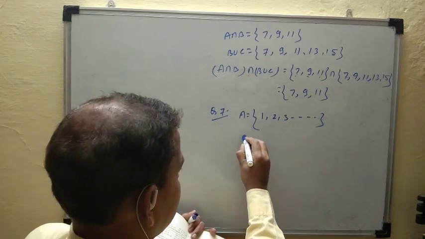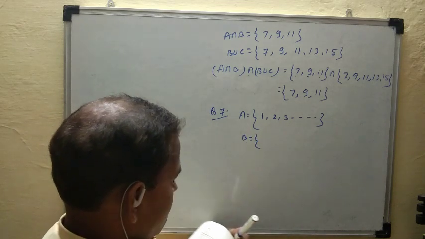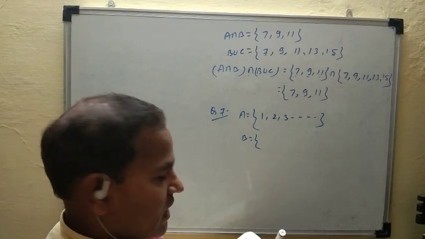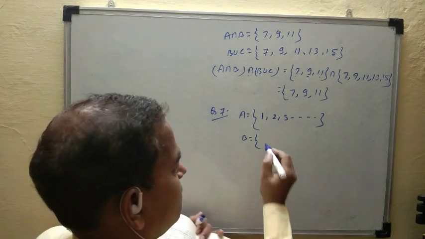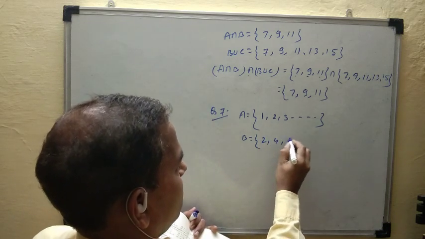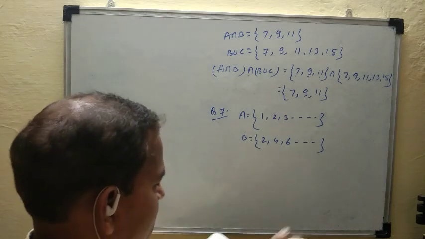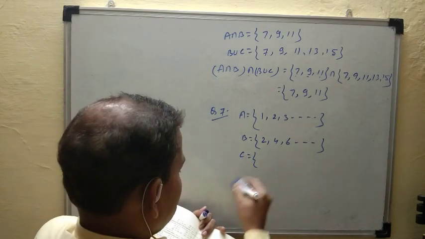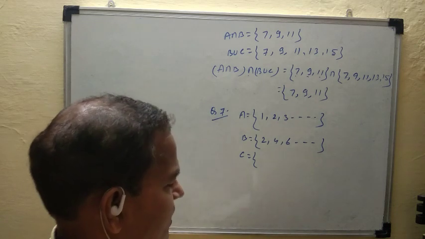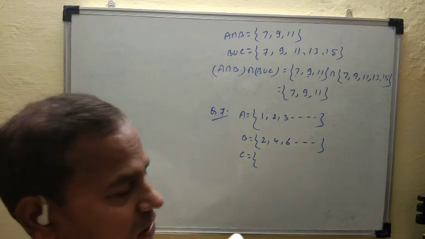And set B is equal to x such that x is an even natural number. So even natural numbers start from 2 and so on. And C is equal to x such that x is an odd natural number.